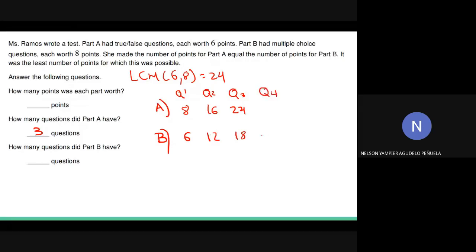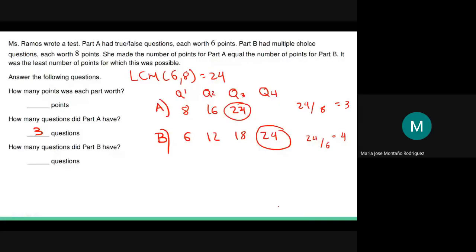So section A had to have 3 questions and section B had to have 4 questions. How could you find it without doing this? You take 24 divided by 8 and 24 divided by 6. This one is 3, this one is 4. You can also do it like that.